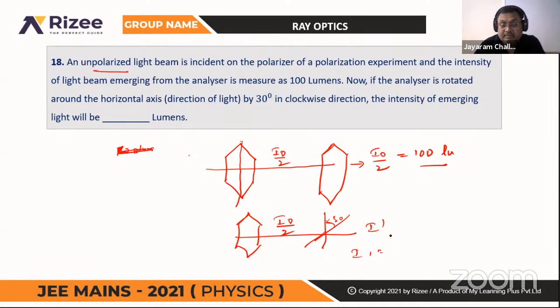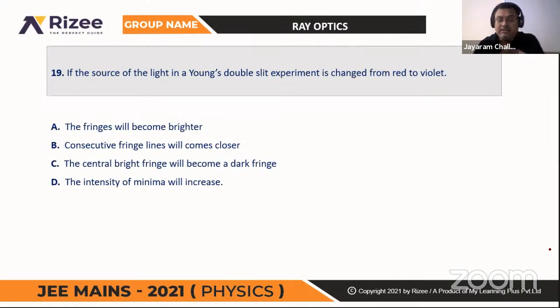I1 is equal to I naught by 2 into cos squared of 30 degrees. This is your Malus's law. So I naught by 2 is 100 and cos squared 30 is 3 by 4. Since it is 3 by 4, you can have the final value as 75. So this is the condition.